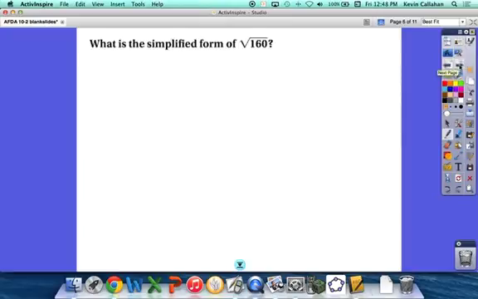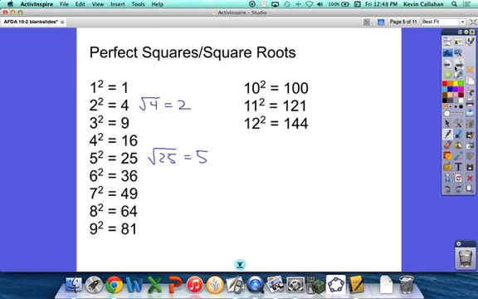The square root of 160. So you think, well, is 160 a perfect square? No. Are any of these perfect squares factors of 160? Look in the list. There's an obvious one: 16.